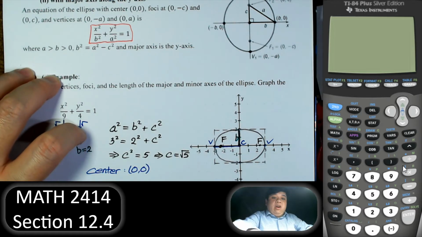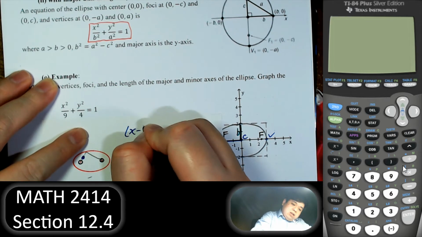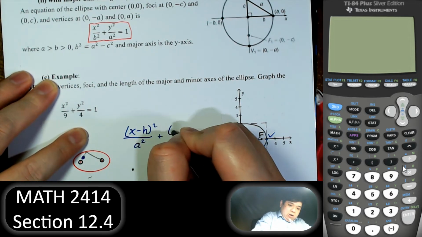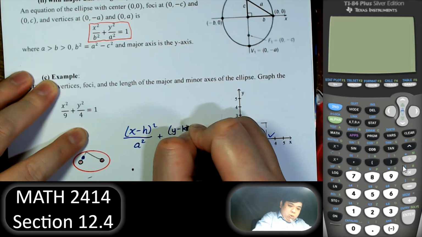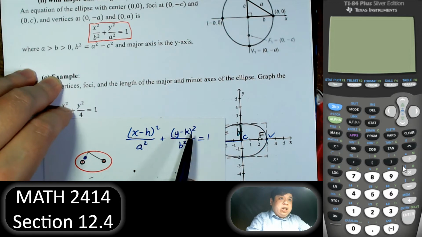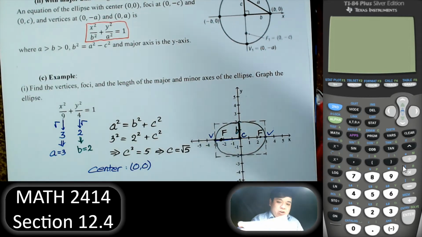By the way, if we don't have the center at (0, 0), this equation will change to (x minus h) squared over a squared plus (y minus k) squared over b squared equal to 1. So the center will be at (h, k). That's just a translation. That's in calculus. But for now, we studied a simple case where the center is at (0, 0).